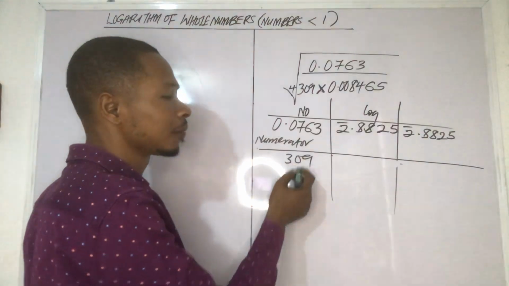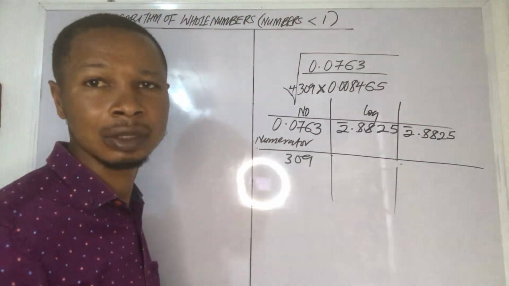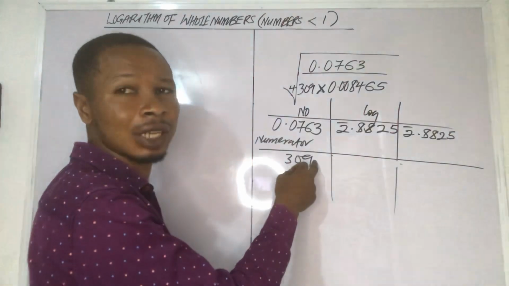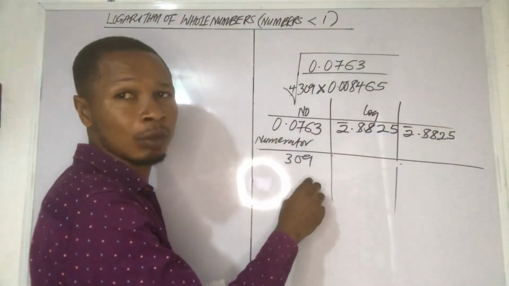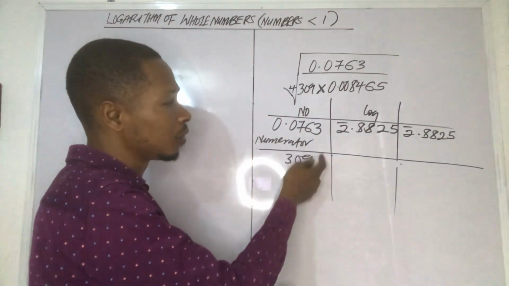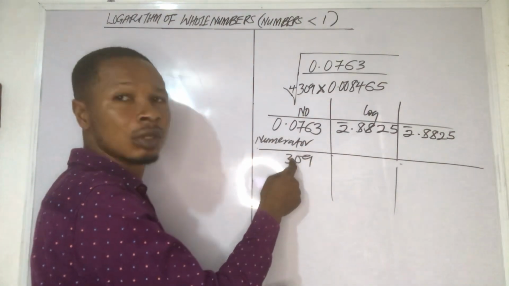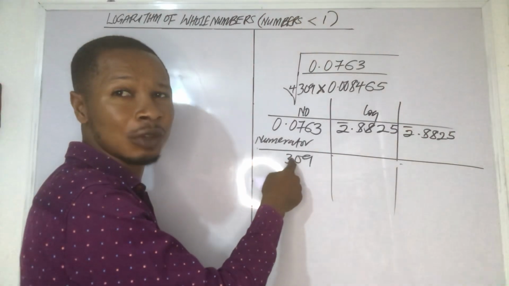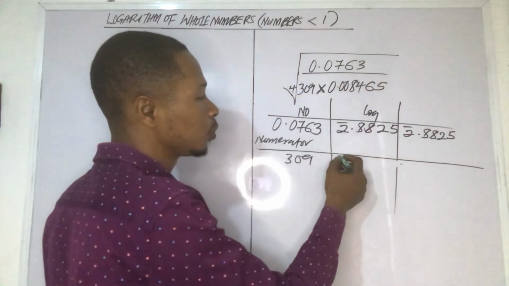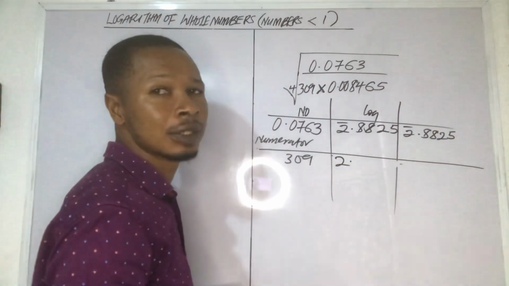Because this number is greater than 1. Since there is no point in the number, it means the point is outside, and the point will now move in this direction, 1, 2, to the front of the first non-zero digit. Since the number is greater than 1, the characteristic will be ordinary 2.